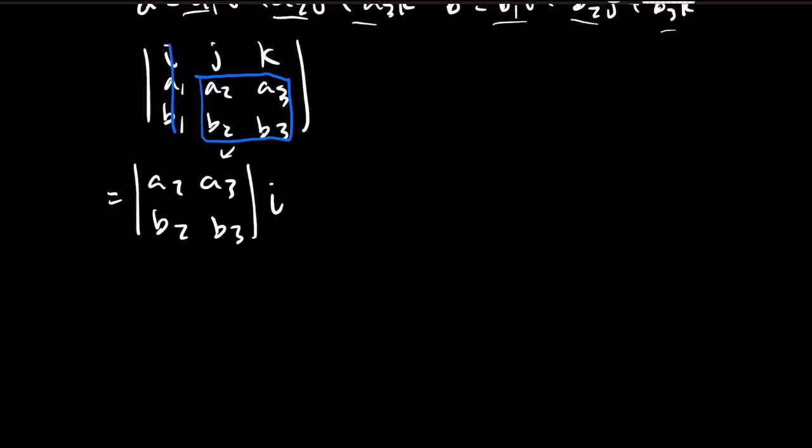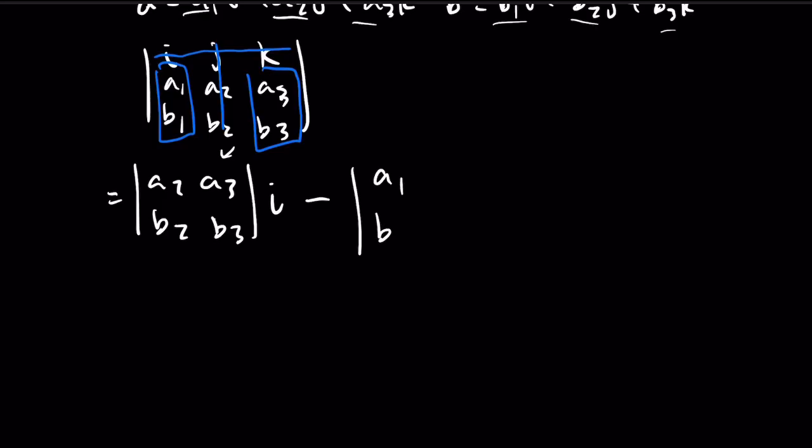And then we're going to do the same thing for j next. So we cross out the column and the row, and we take these four numbers and form another 2 by 2 matrix. And this time for j, we do subtract, we do minus. So minus a1, b1, a3, b3, and j.